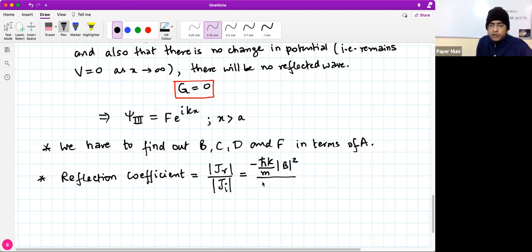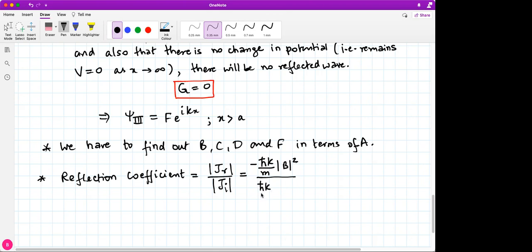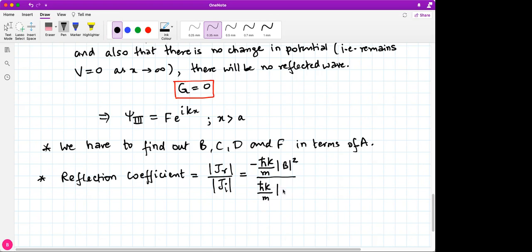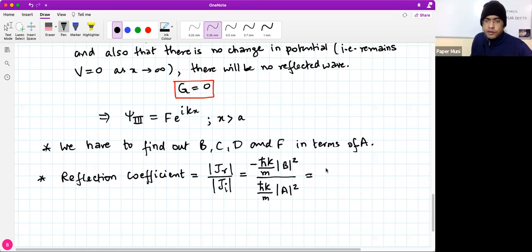Now the incident will be what? What is the incident coefficient here? It's plus ħk by m times |A| square, that is k by m. In this case, I think there won't be a minus sign here. Is there some problem?